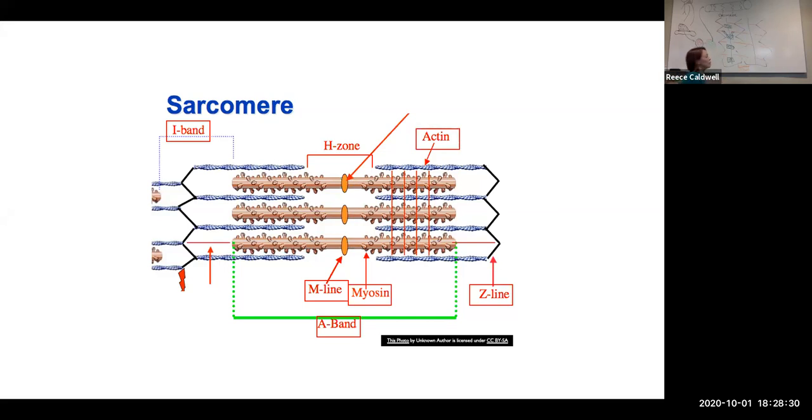And then we have the A band, which has thick and thin filaments, also known as the darker band. So you can think, I band is the lighter.